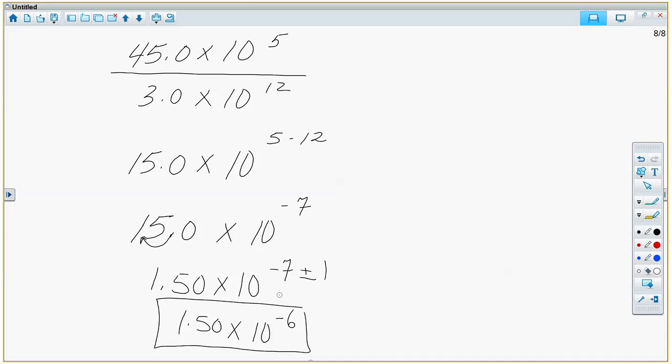I guarantee you somebody had a -8. Because that's where they mess it up. Now what did you just do? Let me show you what you just did. You took 0.00045 and you divided it by 3 billion.